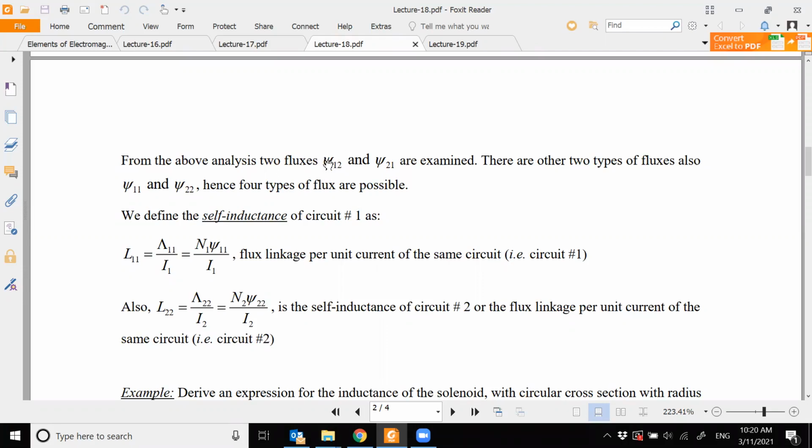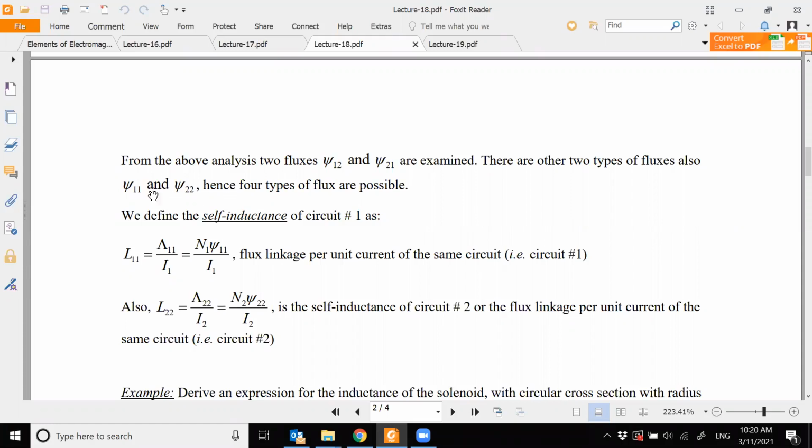I said Abdul Rauf Ibrahim. Yes, you tell me. Just now we learned about these two, right? Just repeat what I said. What is psi 12 and psi 21? Maybe someone else? Yes, who raised the hand? Yes, Abdul Majid.